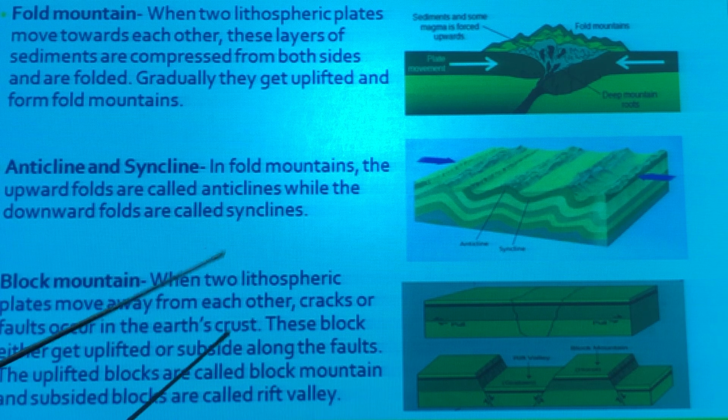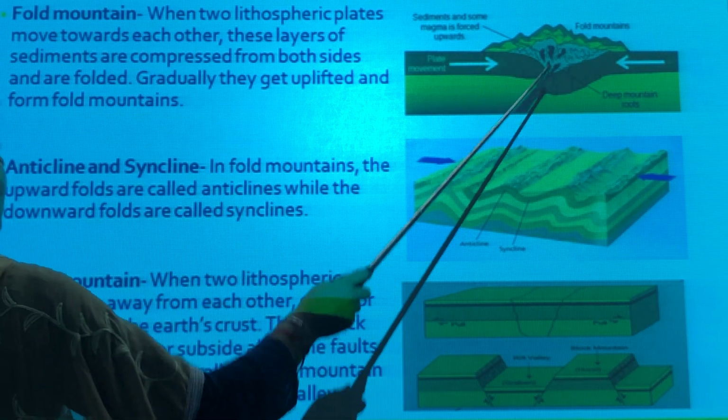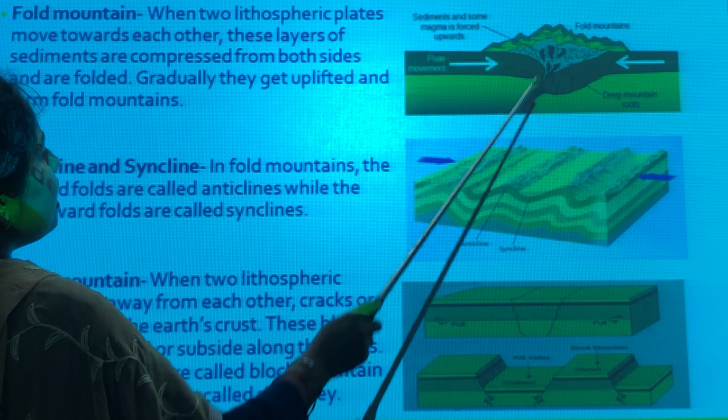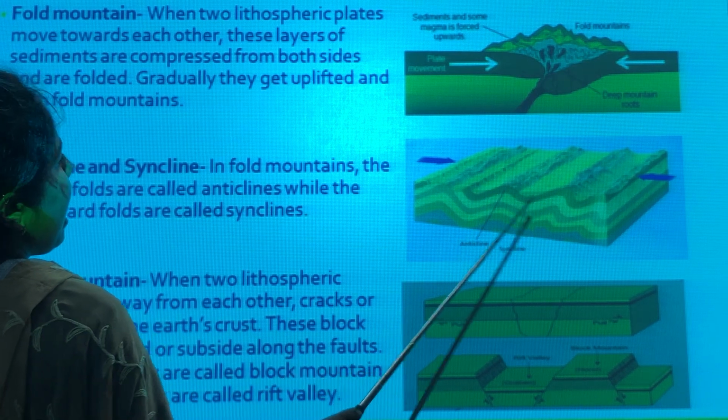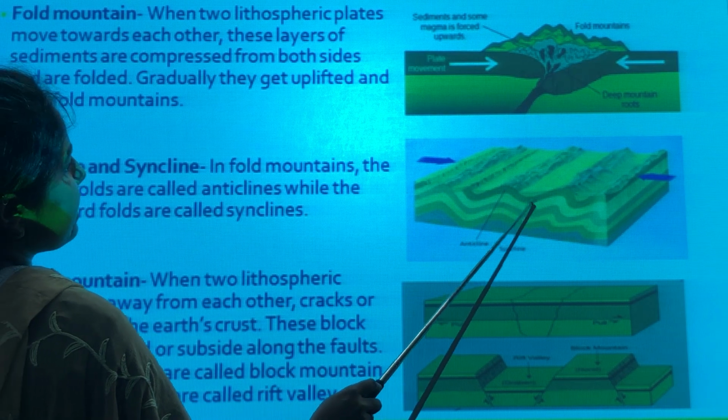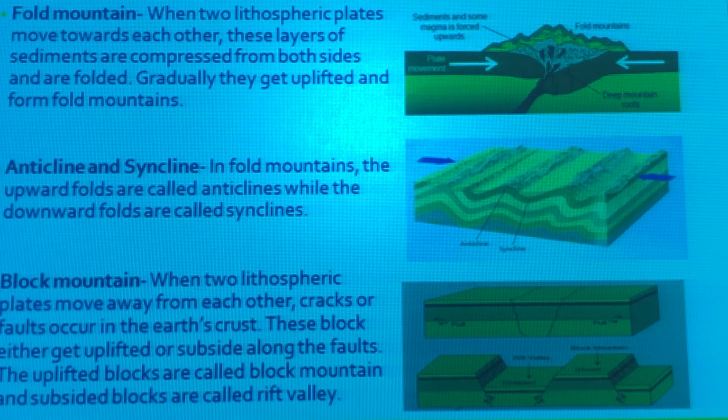In fold mountains, when it folds, the upward folds are called anticlines, and the downward folds are called synclines. The last one is block mountain. What happens in a fold mountain? The two lithospheric plates move towards each other.